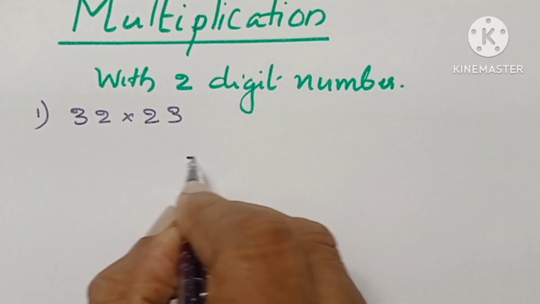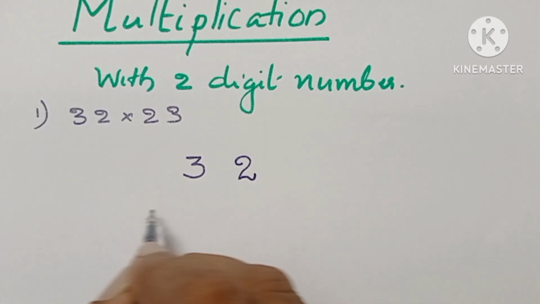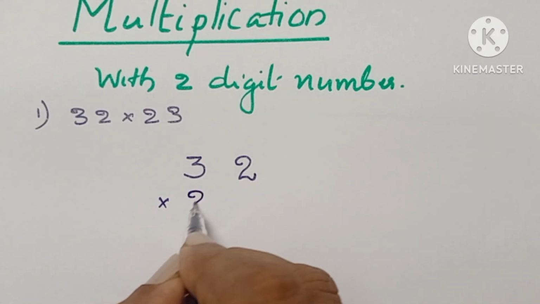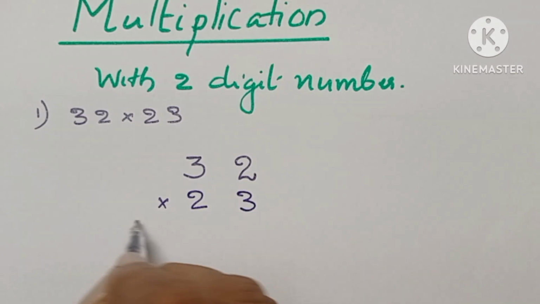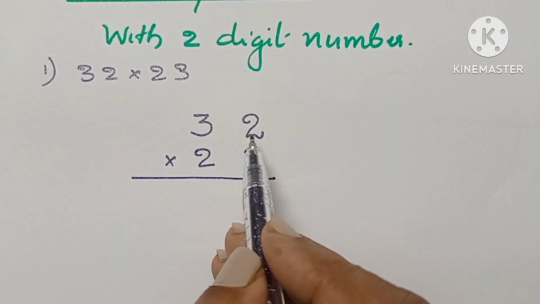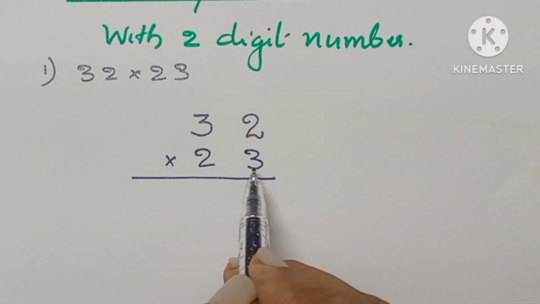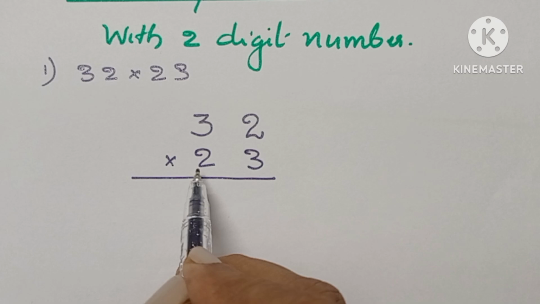Writing 32 into 23. 2 is in the ones place and 3 is in the tens place, ones place and the tens place.